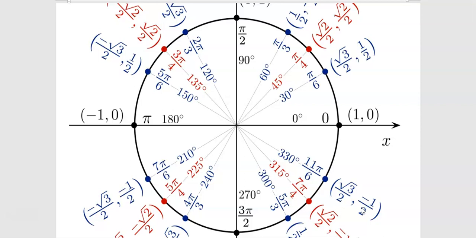Pi over 6, pi over 4, pi over 3 breaks this up. This is the first quadrant, and then we go to pi over 2. And then 2 pi over 3, 3 pi over 4, 5 pi over 6 over here, 7 pi over 6, 5 pi over 4, 4 pi over 3, and this is in quadrant 3. Quadrant 4 over here. Here are the radians.